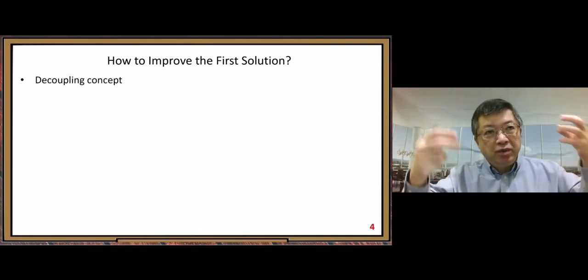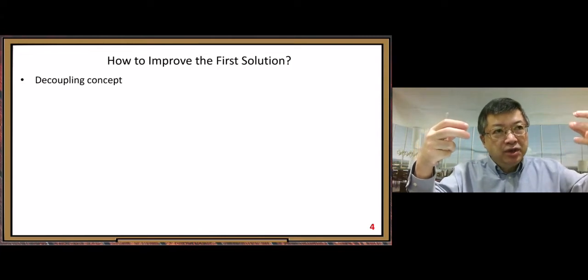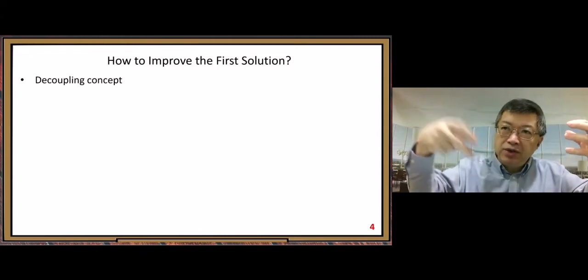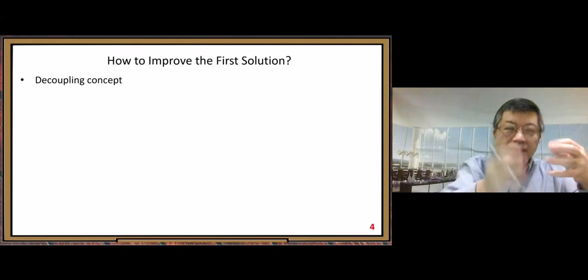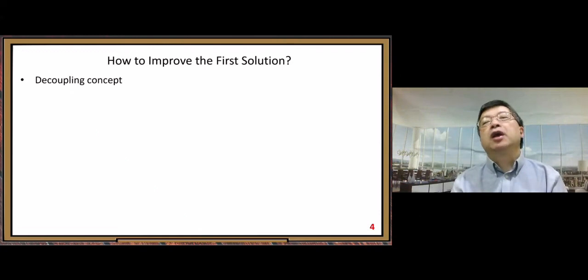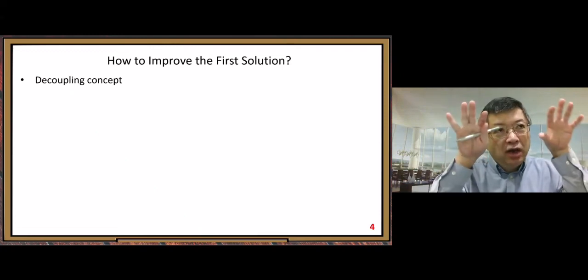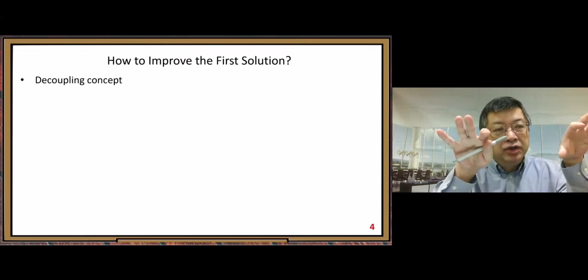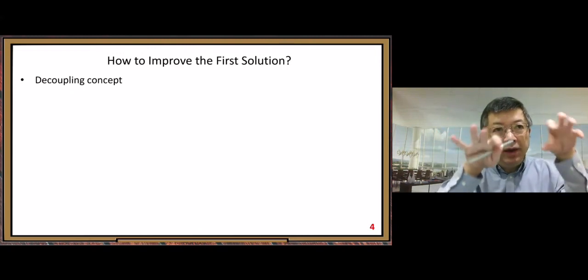Decoupling the relationship between the business service class and the dependency object. Make the connection loose. Change from a tightly coupled relationship to a loosely coupled relationship.